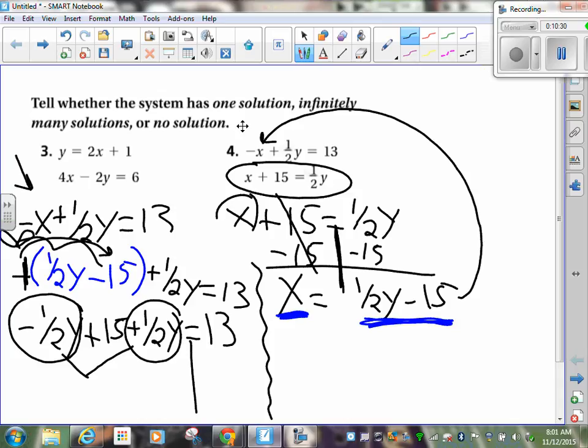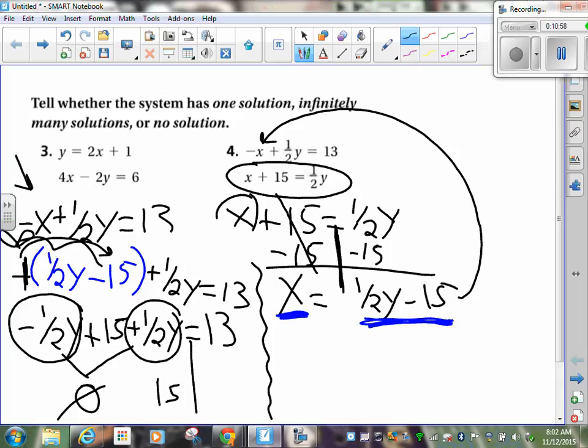Negative 1/2 plus 1/2 is, show me, 0. Bing! Number one answer on the board. If I have negative 1/2 and then I add 1/2, it's 0. So really nothing's there. What are we left with?